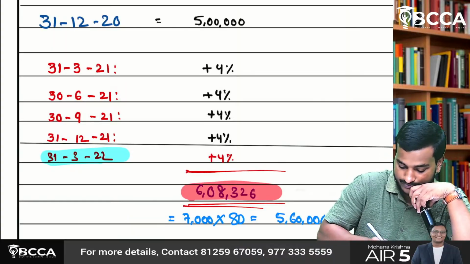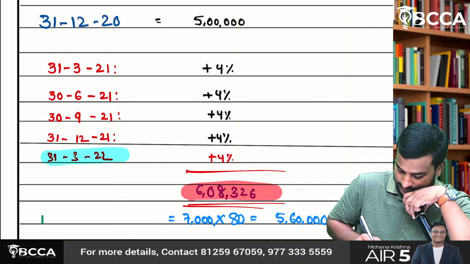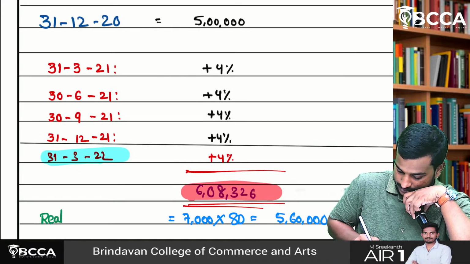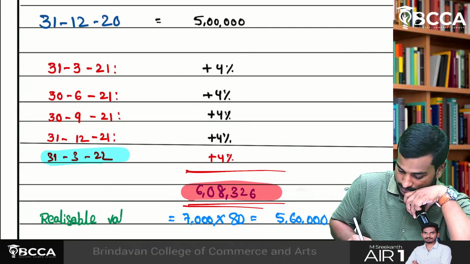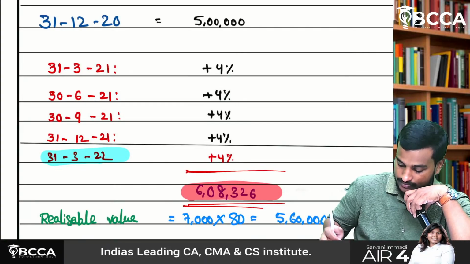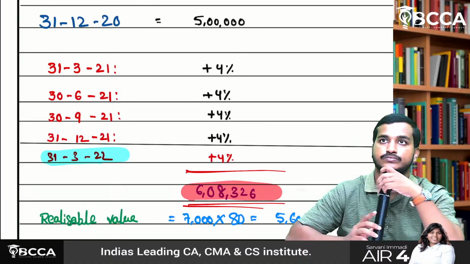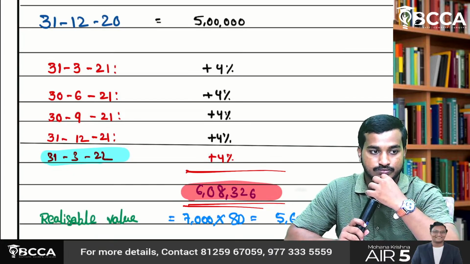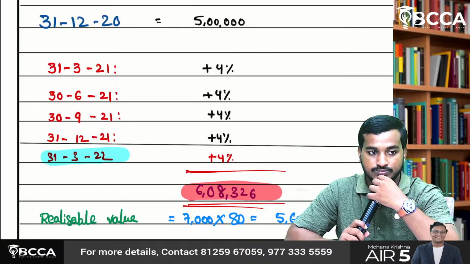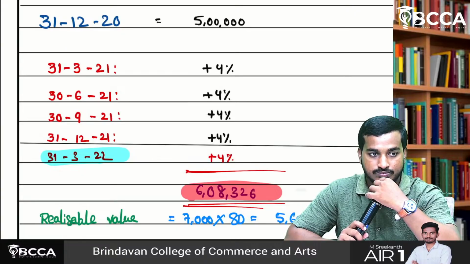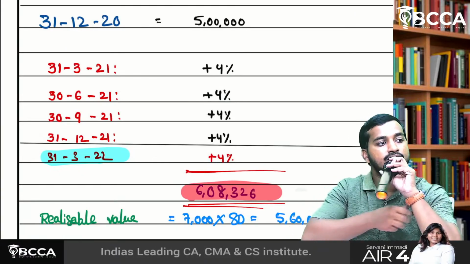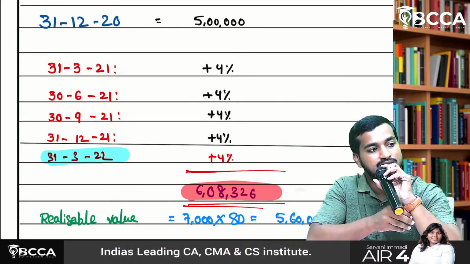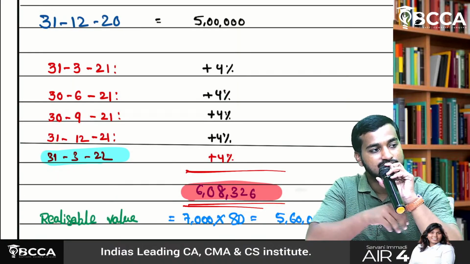Realizable value. Completed? What is your name? Nishita. Correct? N starts with.